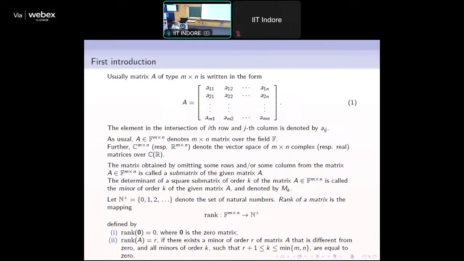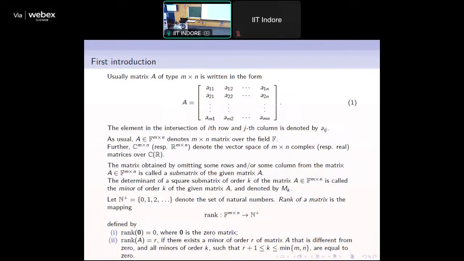Also, you know that the first index represents the number of the row, the second index represents the number of the column. So if we have element a_ij, we know that this element belongs to row i and to column j.